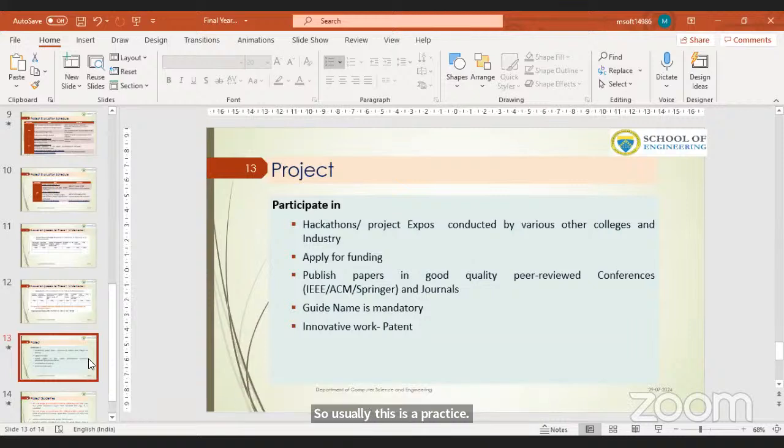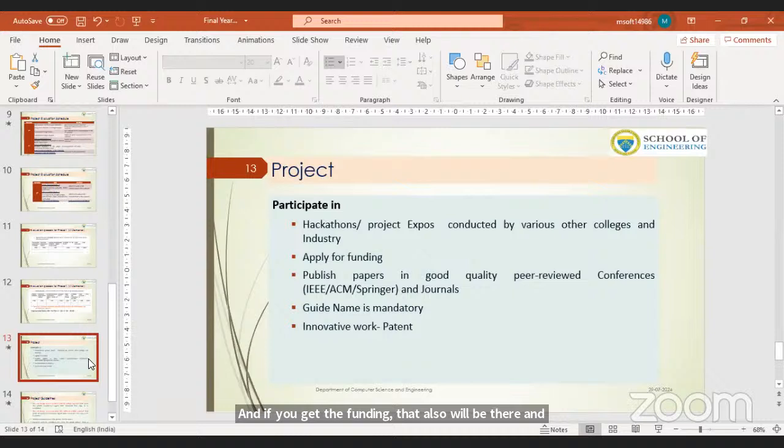We will be taking 20 best projects for the project expo, and there will be marks included for that during the review 2 of the 8th semester. As well as there are marks for applying for fundings, and if you get the funding, that also will be there, and publishing papers in good quality peer reviewed conferences and journals.